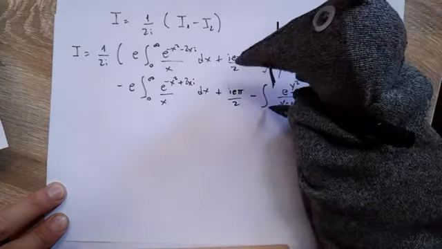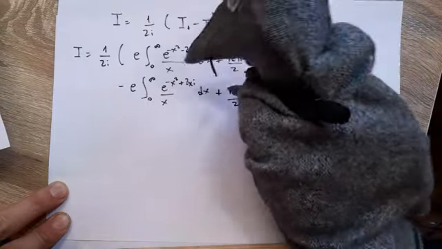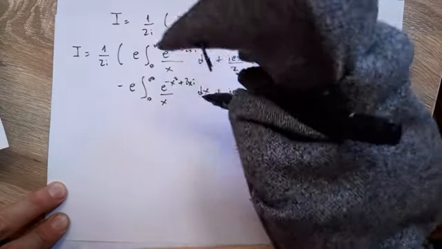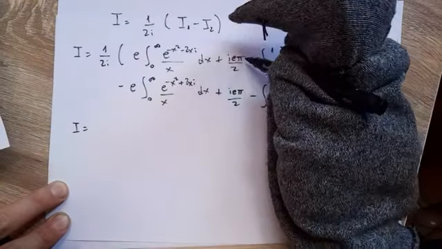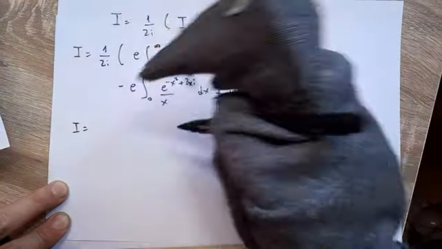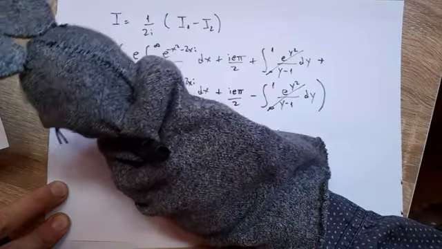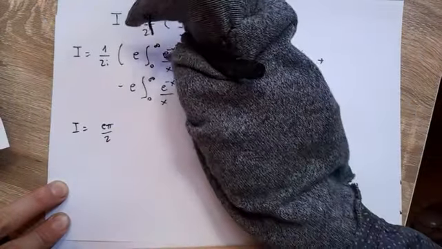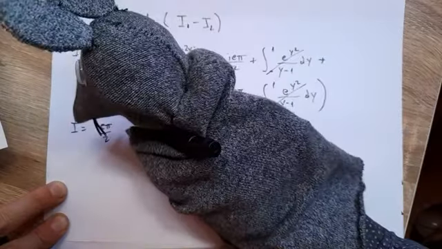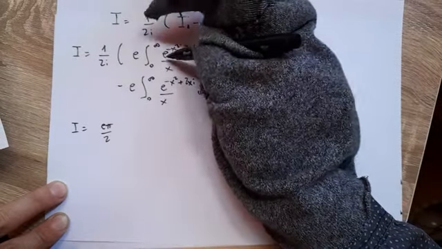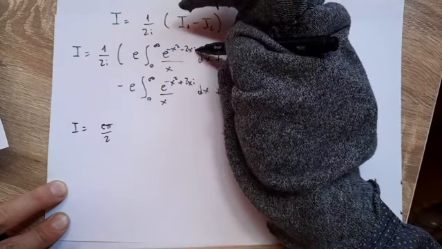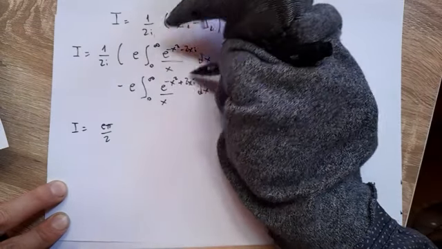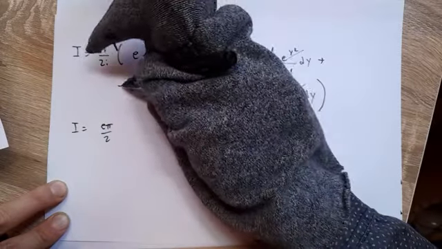So we see that these integrals get cancelled, and these will remain as we add them and divide by 2i: e pi over 2. Then these other two integrals we subtract, and we can factor the e to the minus x squared, and we get the exponential of 2xi in both, but with different signs and subtracted.